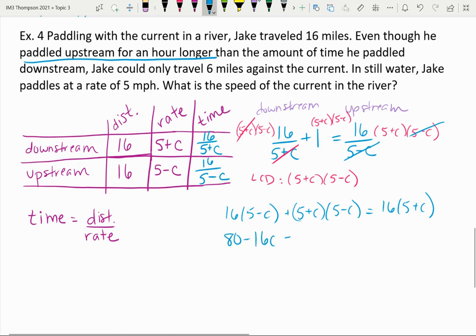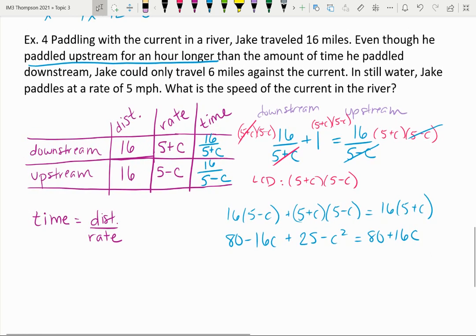I'm going to multiply through. I'm going to combine like terms and move everything to one side of the equation.